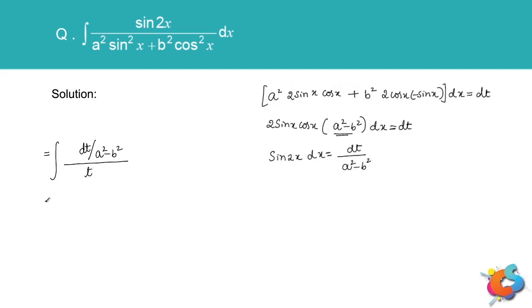So here 1 by a square minus b square is constant, we will keep it outside, and the integration of 1 by t is log t followed by the constant c. So this is the same as 1 by a square minus b square into log of, we will replace t as a square sine square x plus b square cos square x, followed by the constant c.